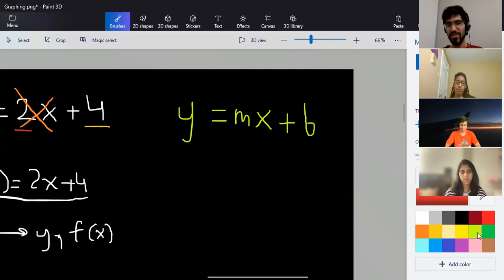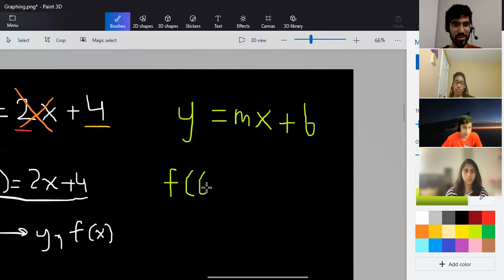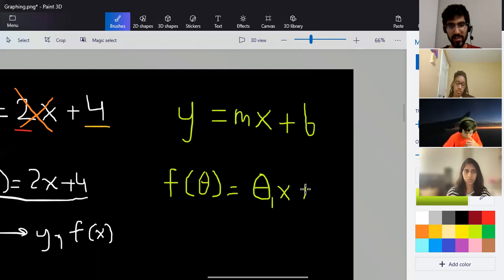But just to highlight something, later on, the way we're going to see this written in computer science is, again, we're going to say f of something, but we're going to use random symbols. Like we could just put in this weird letter theta. We're going to say f of theta is equal to theta 1, where we say, you know, m is equal to theta 1 x plus theta 2.